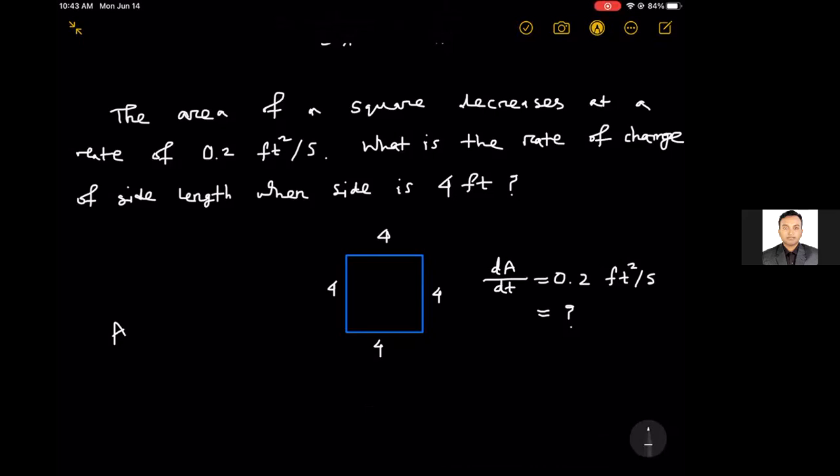Okay. All right. So let's say the sides are S. So the next question would be, how can you denote the rate of change of the side? Anyone? The rate of the change of the sides? How can you denote it using the notations we have?